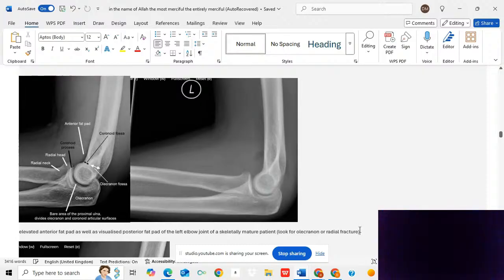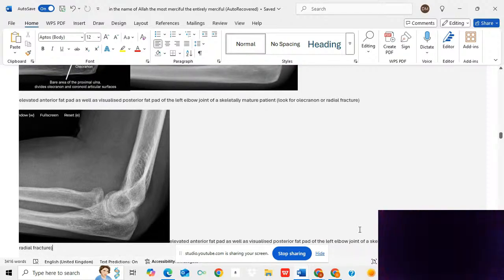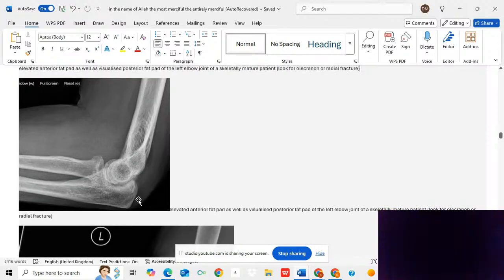Okay, let's see this case. Another case. This is the anterior fat pad. It's not like this. It's elevated with sail sign. And this is the posterior fat pad, which is visualized now, and this is abnormal. So of course there's something here pushing this and this to make it elevated and this visualized. Okay, so this is elbow joint effusion.